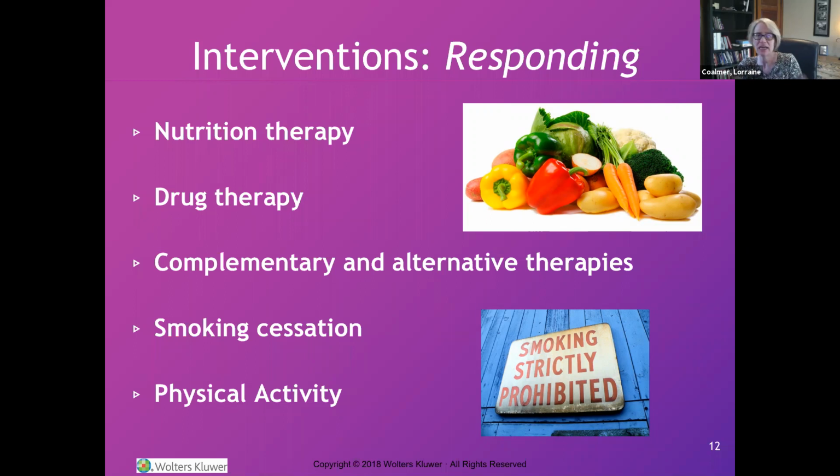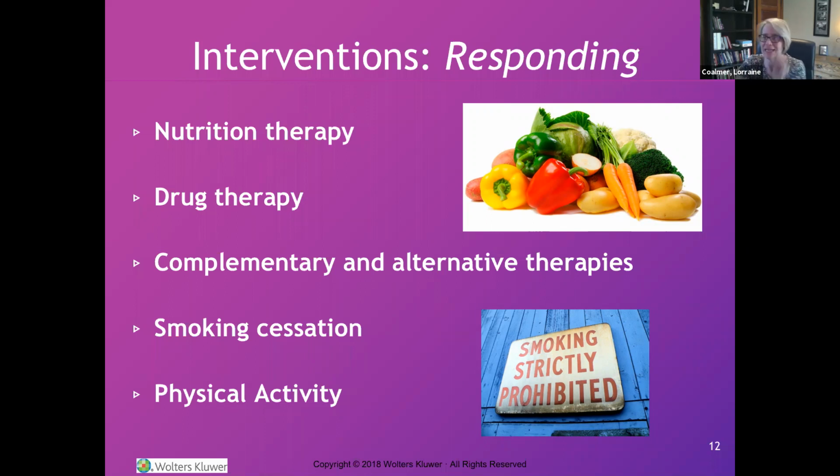So as you see, they kind of go hand in hand. It could possibly be that they're hypertensive and have some coronary artery disease. All of these interventions are going to help that patient who does have high lipid values, because now we're talking about the atherosclerotic disease.